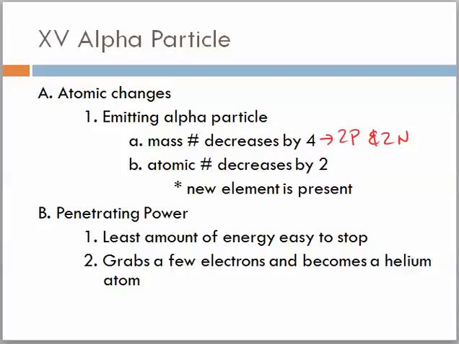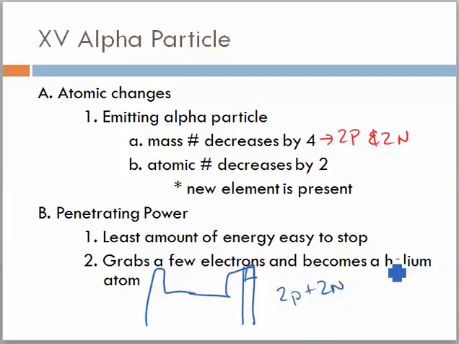Penetrating power of an alpha particle. An alpha particle has the least amount of energy, and it's fairly easy to stop. Typically what happens is an alpha particle will grab a few electrons, and it just simply becomes a helium atom. Why does it become a helium atom? Because helium is in the last row of the periodic table, over here, which means it has 2 protons and 2 neutrons.